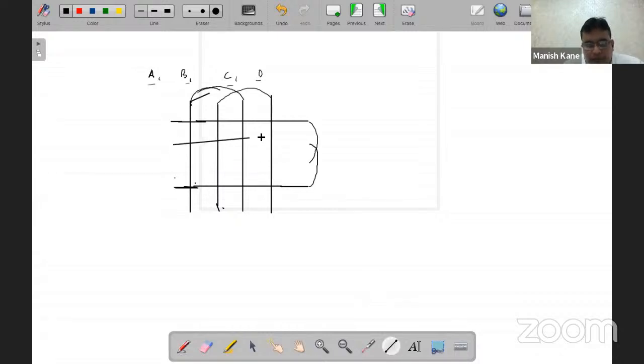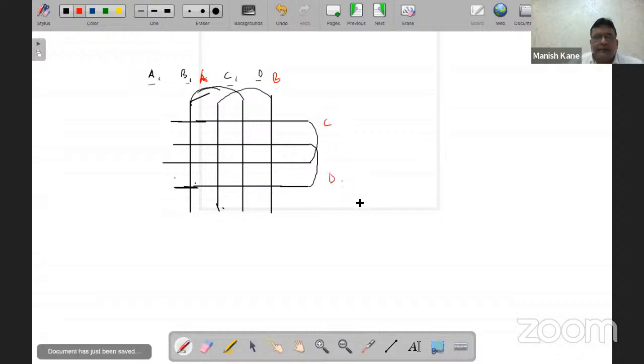See? Now this gives me a 4-set diagram. This is set A, set B, set C, and set D. Correct? So which is the region that has all the 4 areas common?